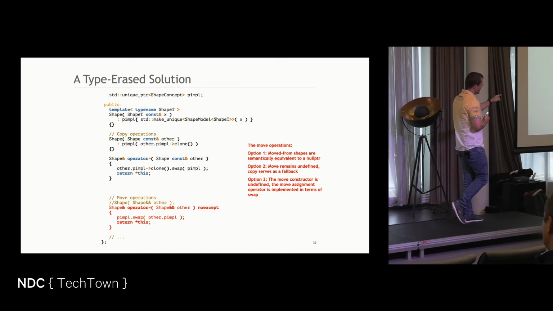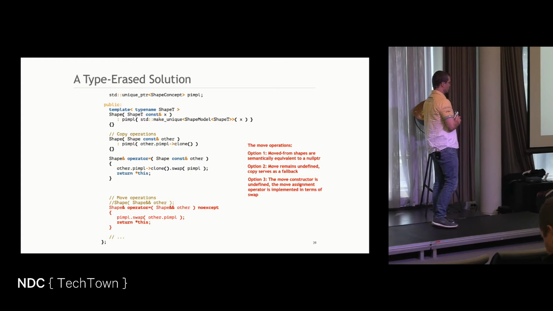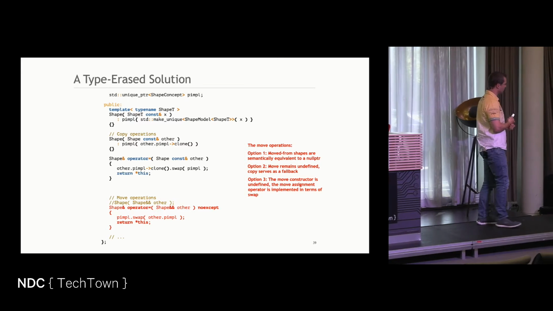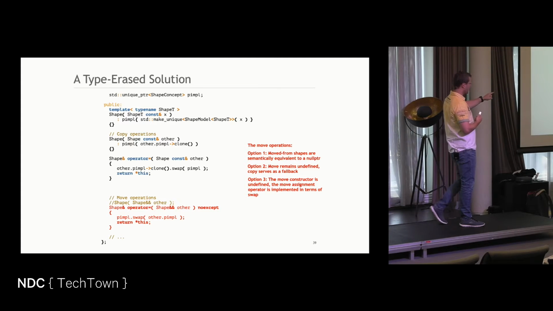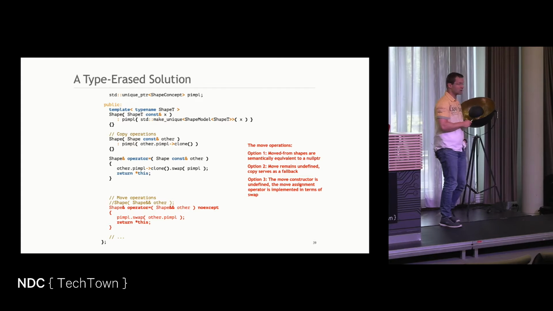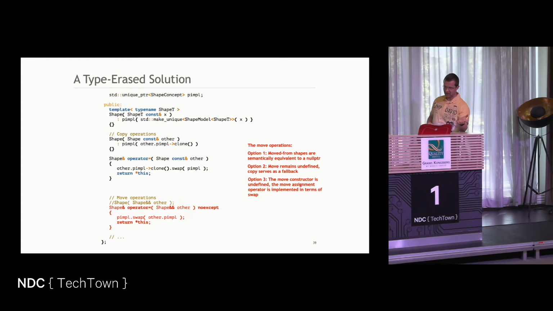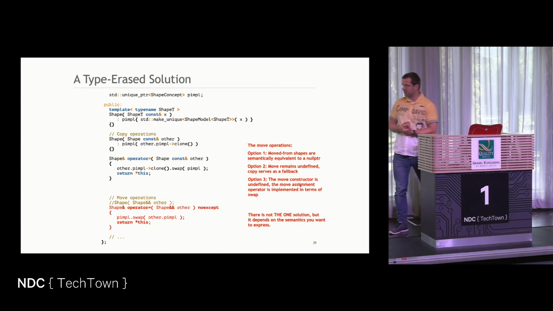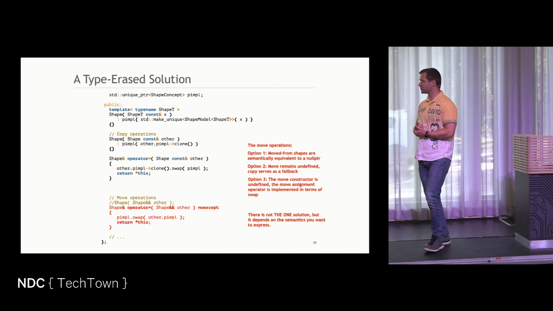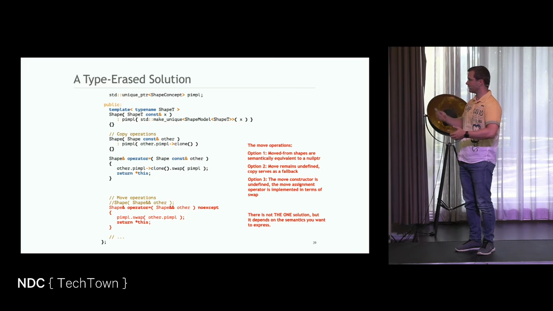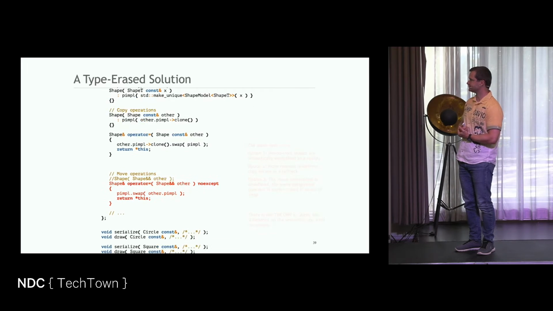If you do this, then at least the move assignment operator is noexcept, and fairly cheap and fairly simple without creating any other copy. Probably this is a nice compromise, but again, the move constructor is not noexcept. It totally depends on what you want to have. Is it okay that it doesn't have a value, or is it not okay? Fact, there is not the one solution that is always used. This is why there's also not the one implementation that we can use for everything. It's a design choice after all.